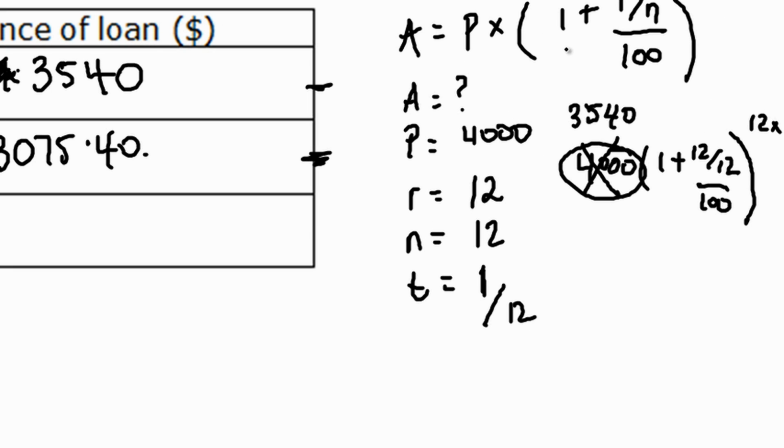They're making us work out the interest, but technically we had that $3,575 at the start, which has the interest already in there. The third month, our P changes, and now our P is, you guessed it, $3,075.40.